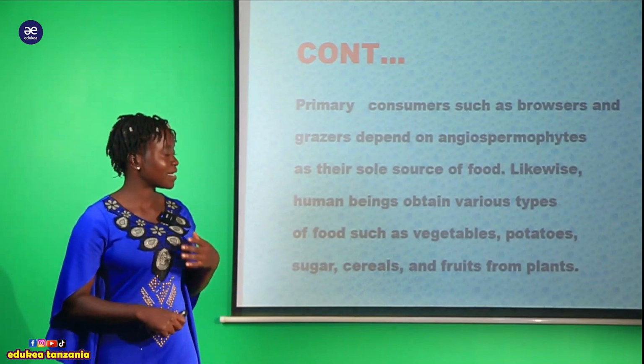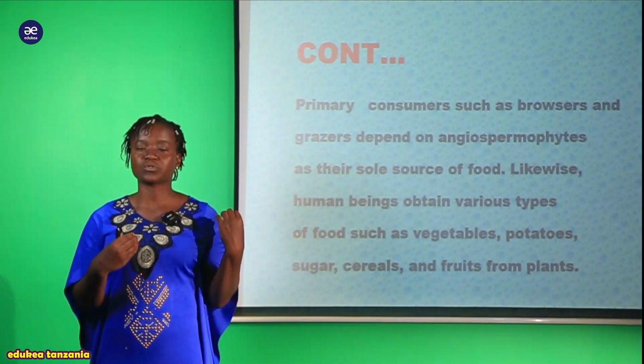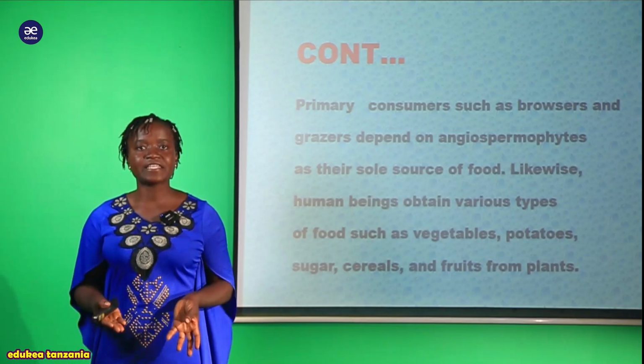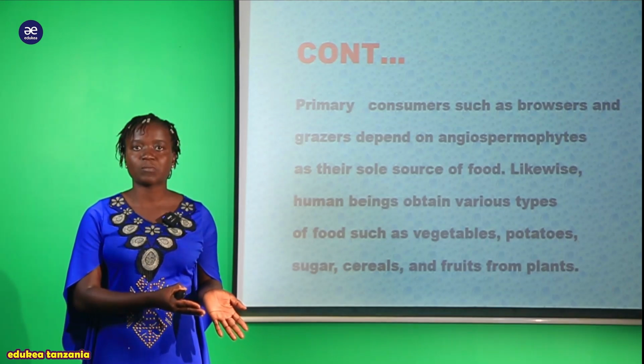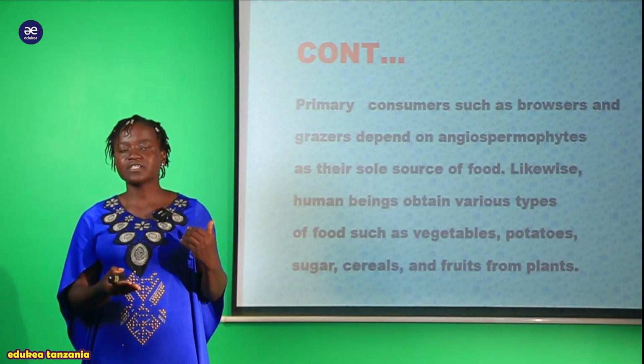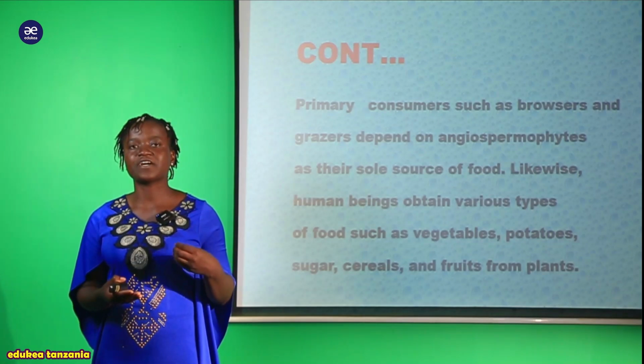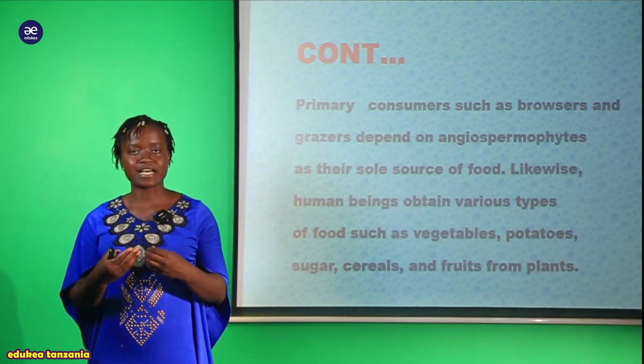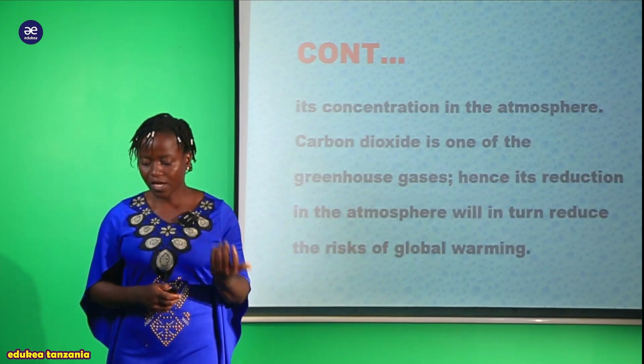For example here, matunda. Tunapata matunda kutokana na the presence of this kingdom plantae. Tunapata nyanya kutokana na presence of this kingdom plantae. So now you can see this kingdom plantae, they are very important for the life of the heterotrophs like us human beings.